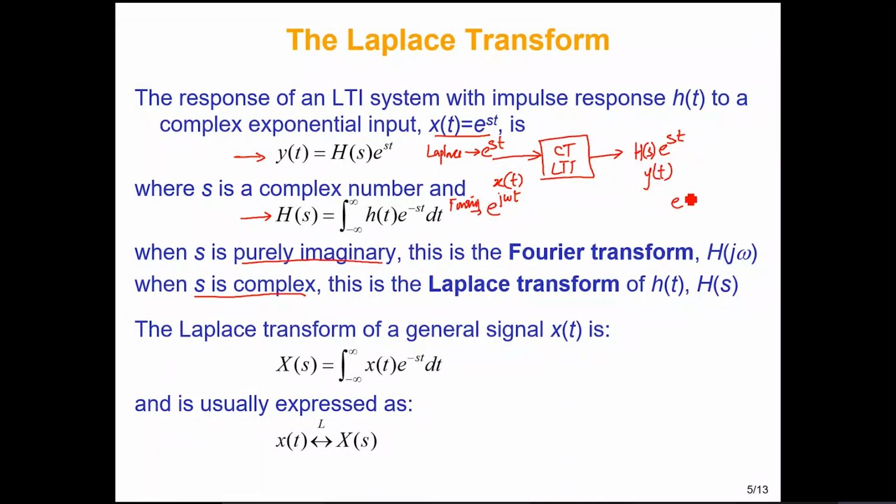And the output would be e raised to the power of j omega t, the same thing, times h of j omega. So this is very similar for Laplace and Fourier. The eigenfunctions are very similar to each other, and the eigenvalues that we get are also very similar.